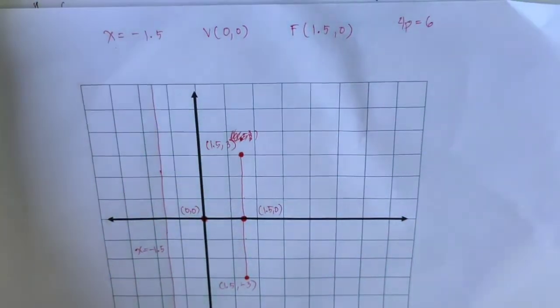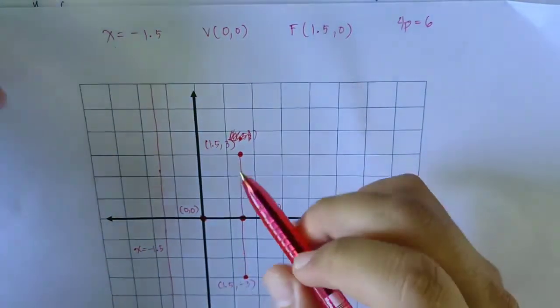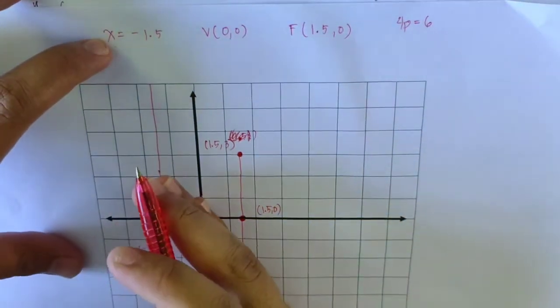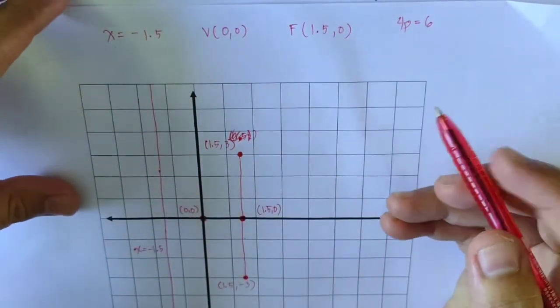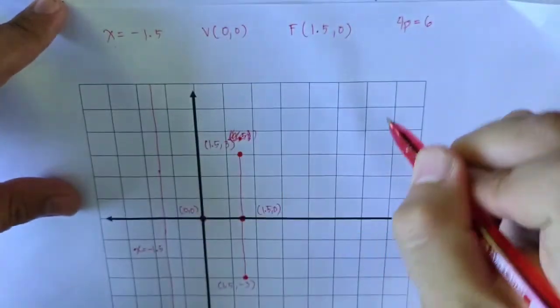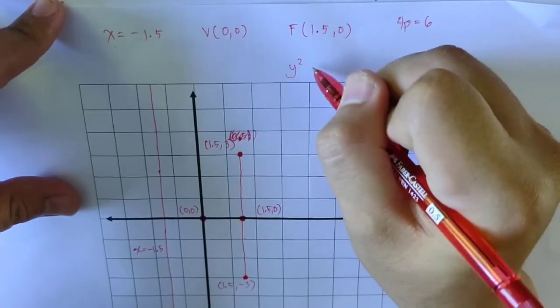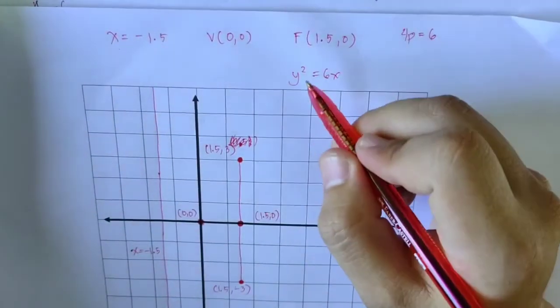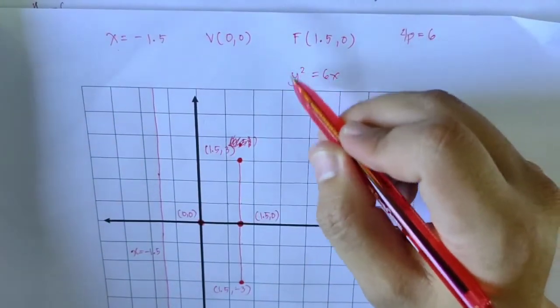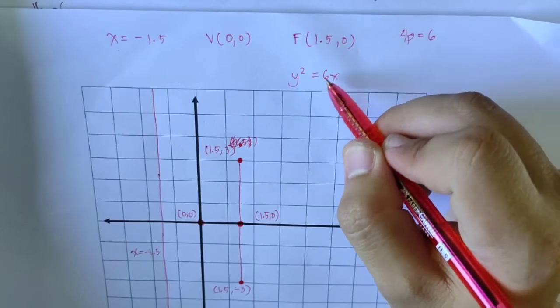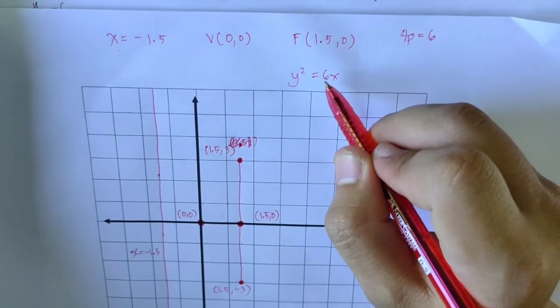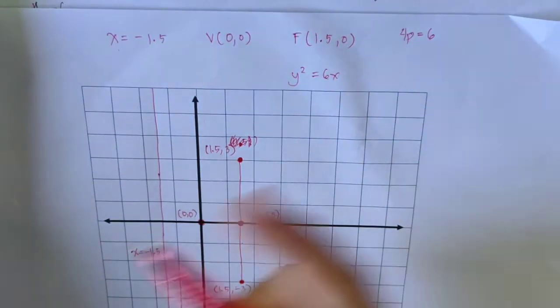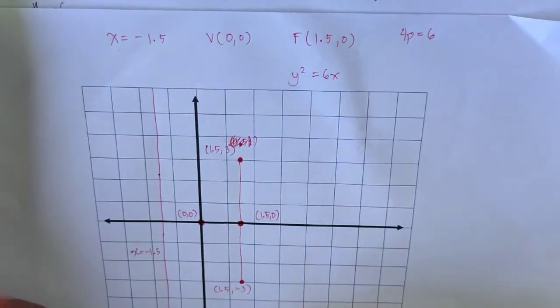So, i-graph na natin yung parabola. So, opens to the right yung parabola natin. Bakit opens to the right? Kasi yung equation natin ay y squared equals 6x. Kasi yung quadratic natin is yung y at yung x natin ay positive 6. Kung negative yan, papunta sa left yung opening ng parabola natin.